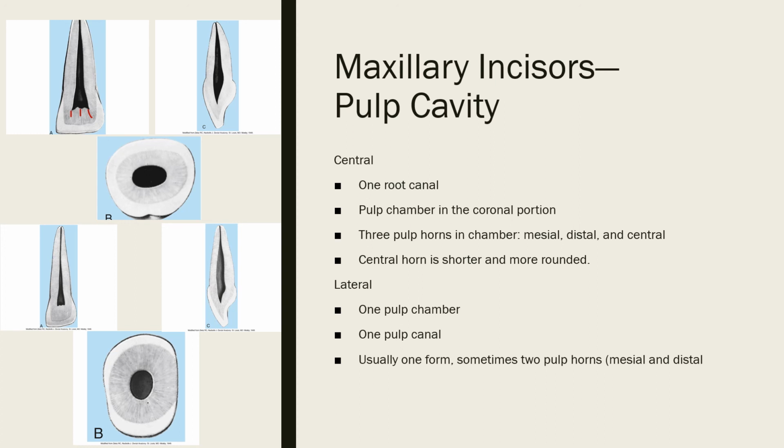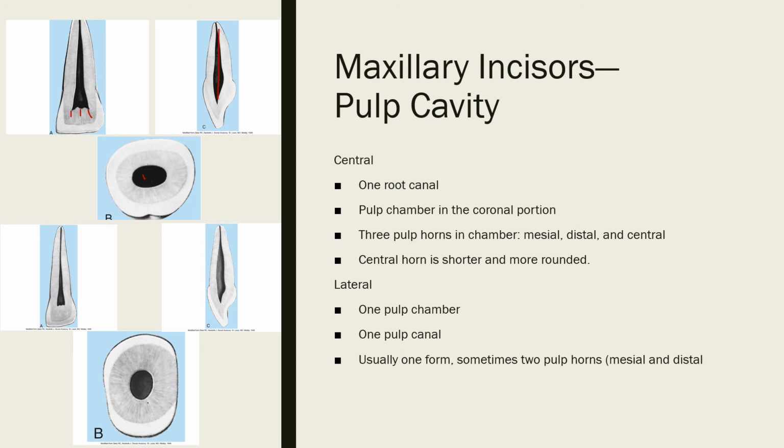So a mesial, a distal, and a central. And the central horn is going to be much shorter and more rounded. Sometimes it's a little harder to identify because it is a little more flattened. Okay, so here's our one canal, and it's going straight up this root.